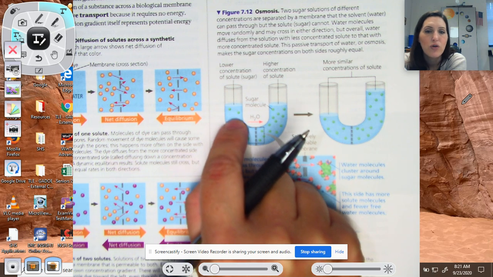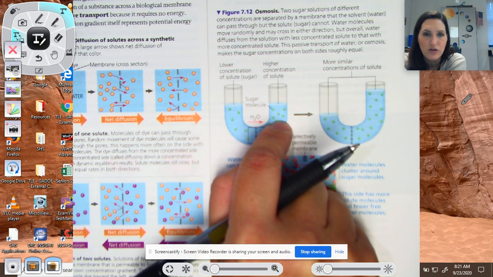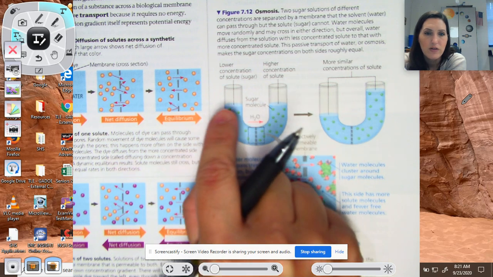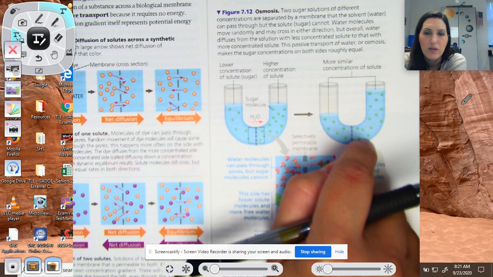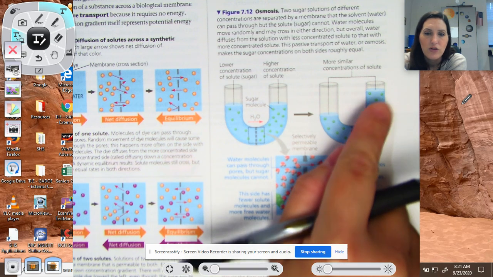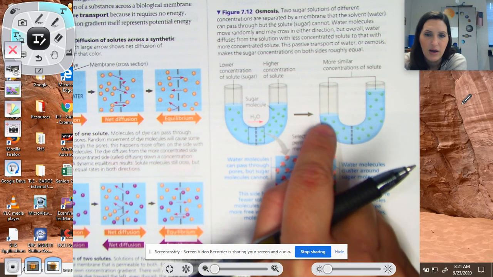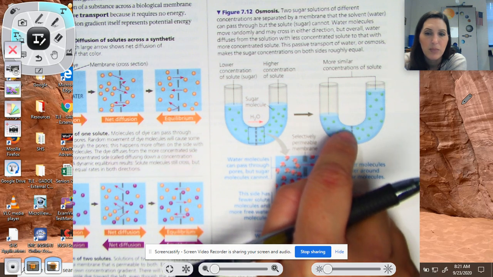Water will move towards the high concentration of solute. So in this U-shaped tube, the water will move this way. So it'll actually be lower on this side, and this is supposed to be a permeable membrane right here.